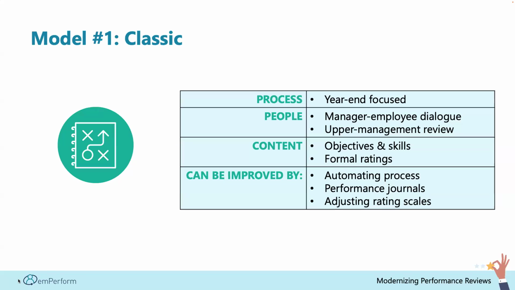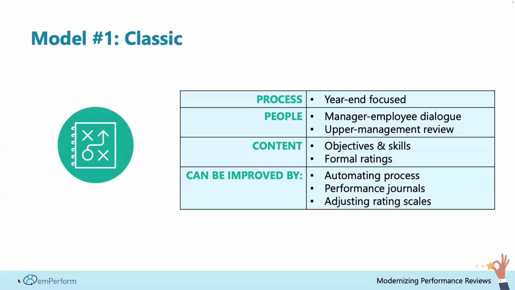First, the classic model. The classic model is probably what you know today and what you think of as a dreaded performance review. It's year-end focused. It's a manager-employee dialogue. There's usually an upper management review. The content is usually about objectives and skills and competencies. There are formal ratings, and 9 times out of 10, it'll be a 5-point rating scale that goes from exceeds expectations to meets expectations to does not meet expectations.